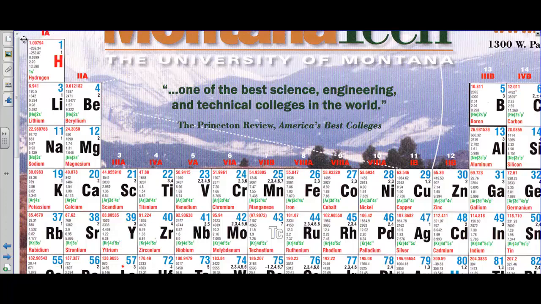In this case, it would be 1 AMU. Going down to lithium, its average atomic mass is 6.941 AMUs. If I round that off to 7, that's going to be the most likely mass number for lithium.